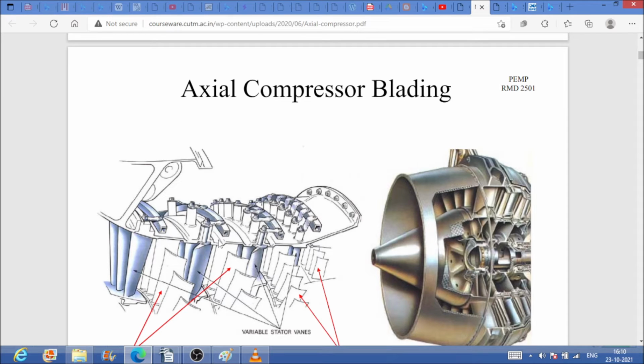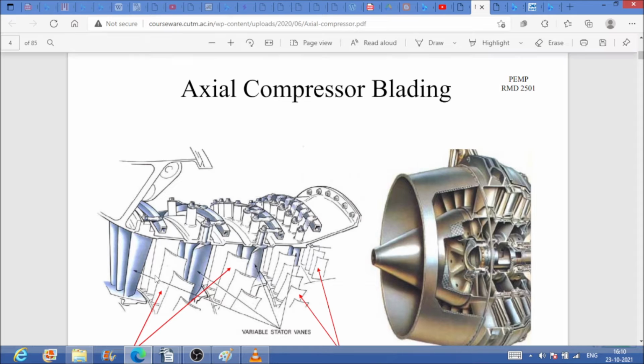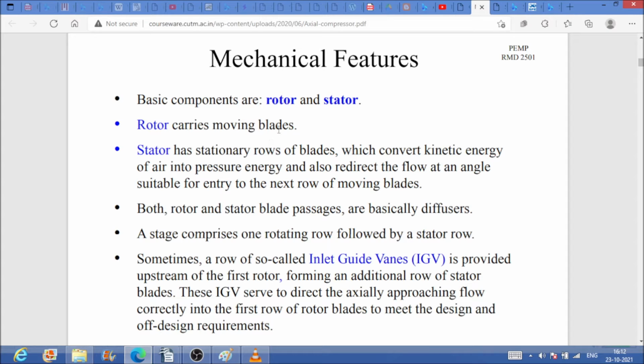Now when we draw the velocity triangles, the shape of this blade is in aerofoil shape. If you look from the top, this stator blade and this rotor blade consist of a stage, and there are n number of stages throughout this compressor. There are two components, rotor and stator, which we have already seen.